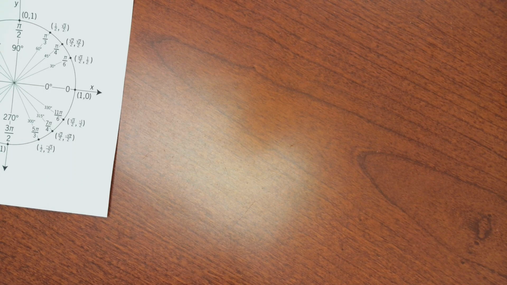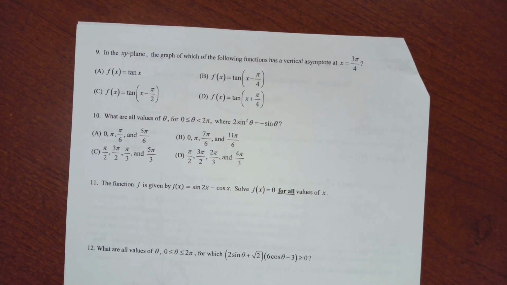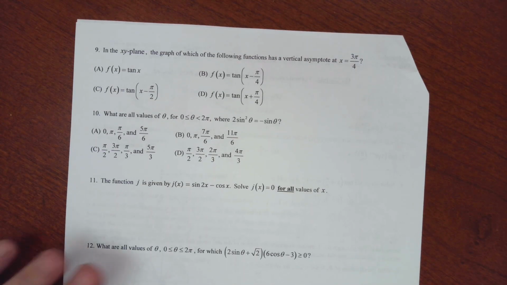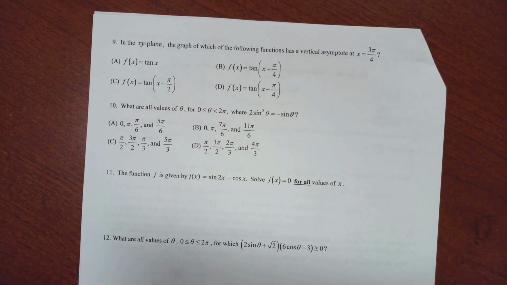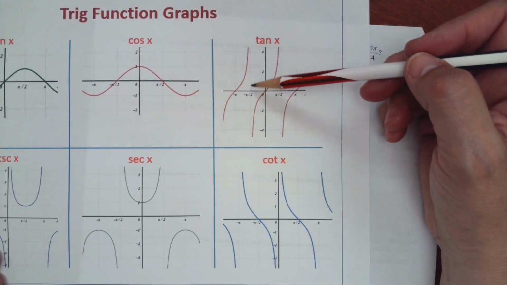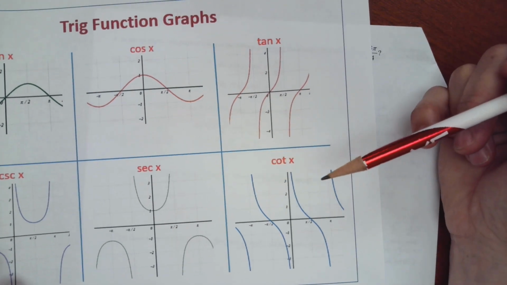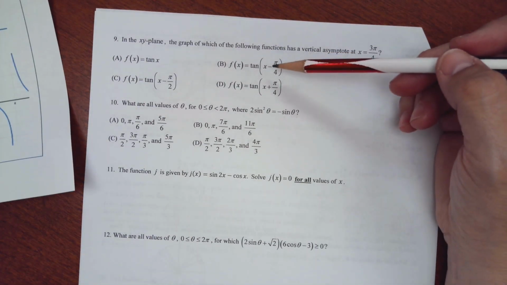All right, other side. So when does, let's see, the graph, which of these, so tangent. So remember these graphs, we got tangent, right? The normal asymptotes for tangent are negative pi over 2 and positive pi over 2. Well, obviously not 3 pi over 4. So these things have been shifted.